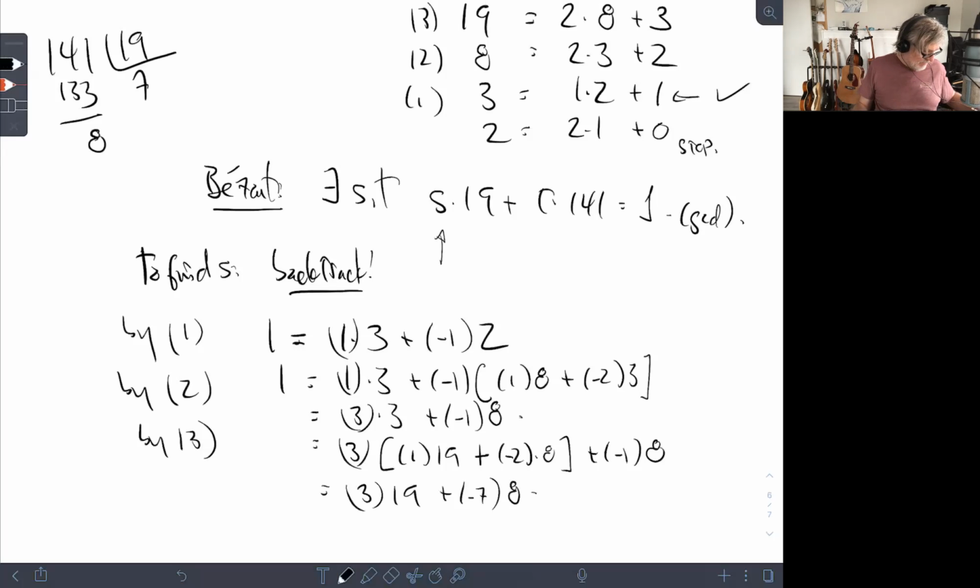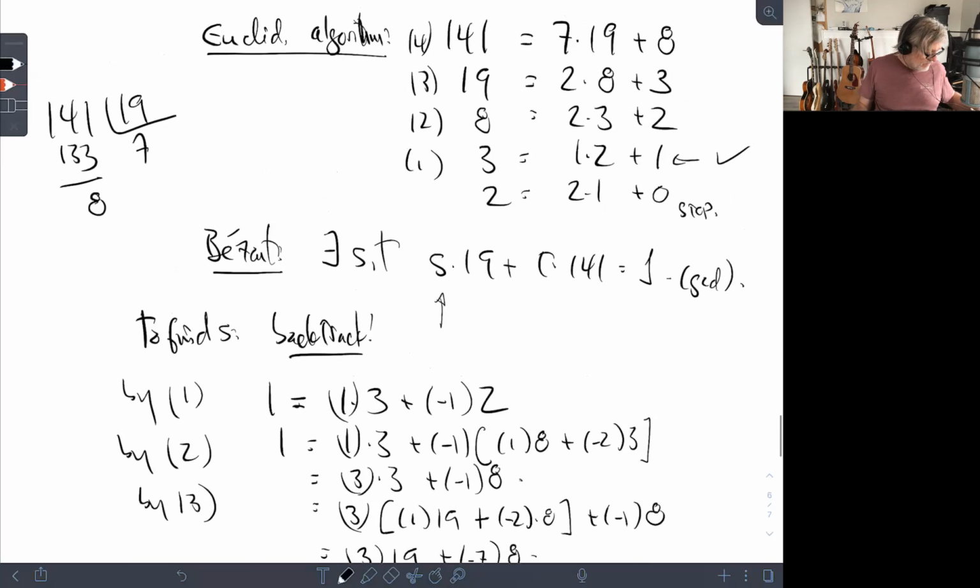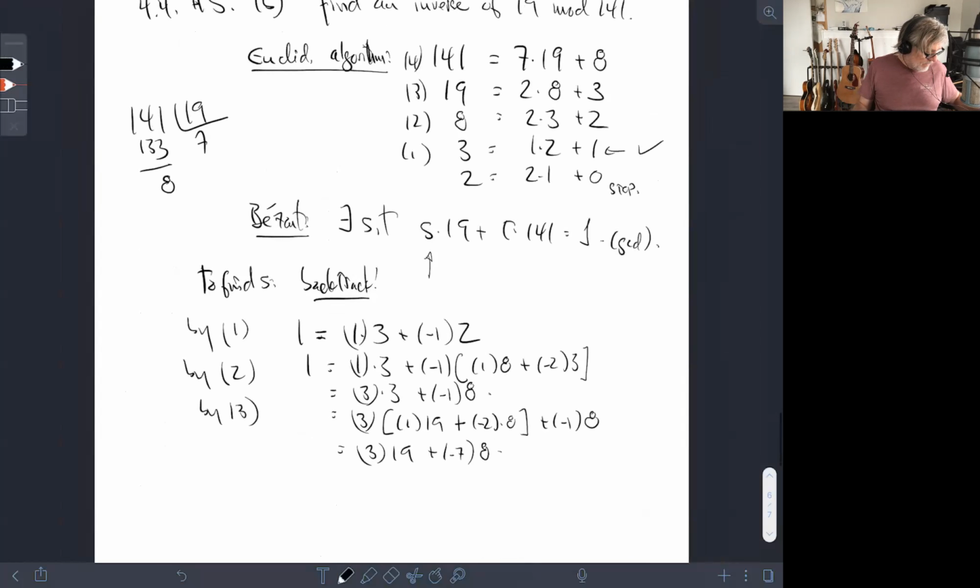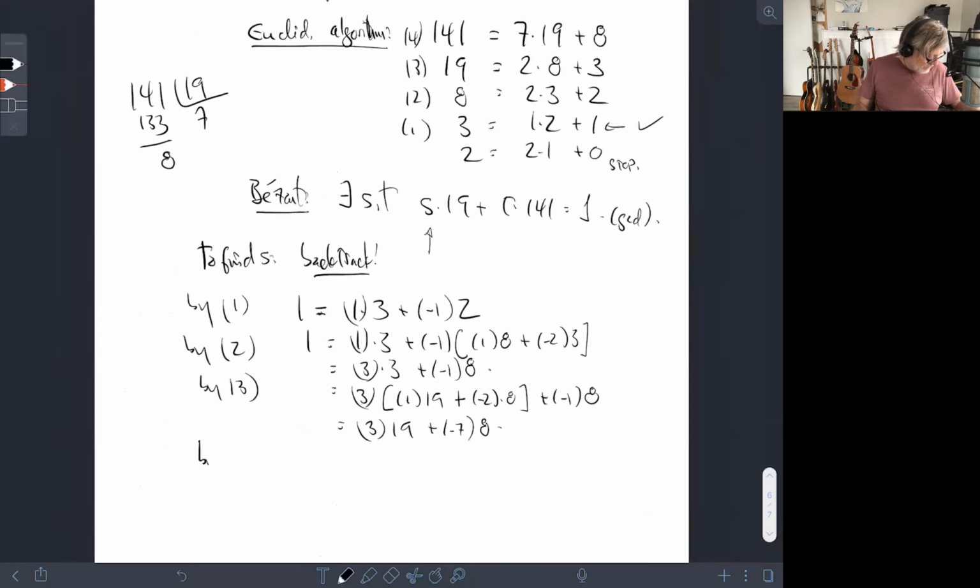Okay, and finally, the last one, we'll get 1 is 3 times 19 plus minus 7, and I replace the 8, it is 141 plus minus 7 times 19.